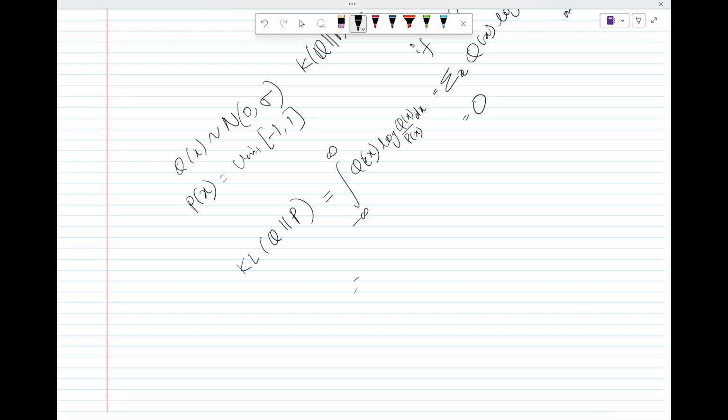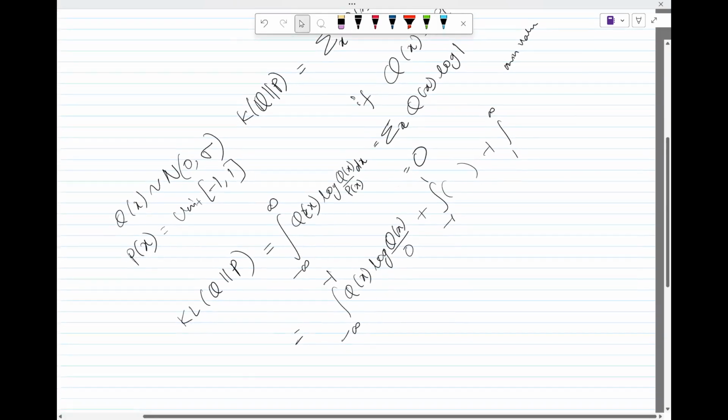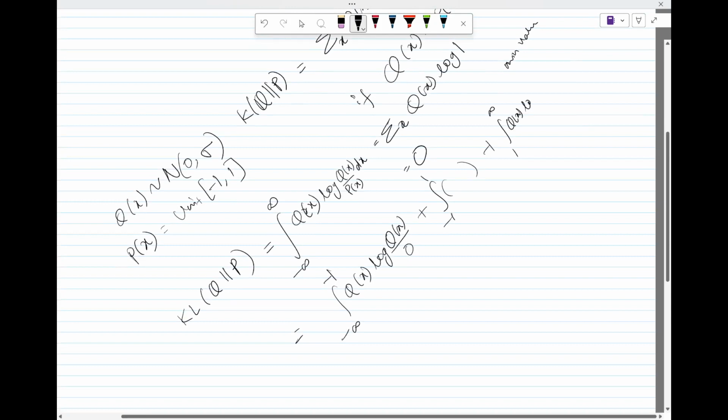And this you can split into minus infinity to minus 1, qx log qx upon px, where px will be 0, plus you will have some minus 1 to 1 term, and again 1 to infinity, where again you will have qx log qx by 0 dx.